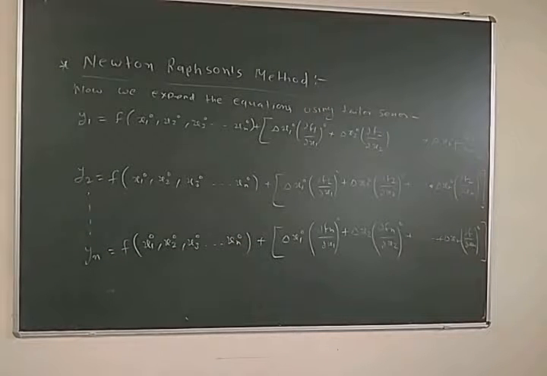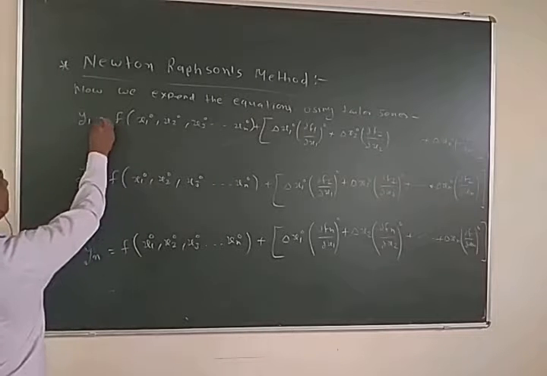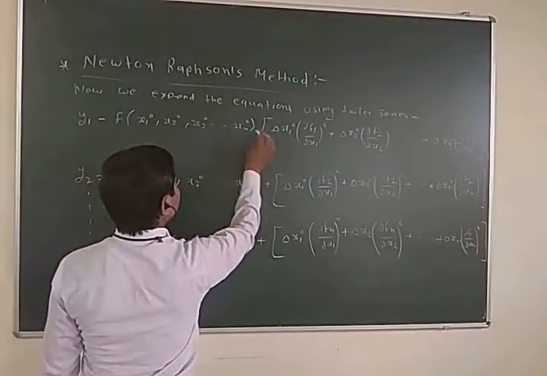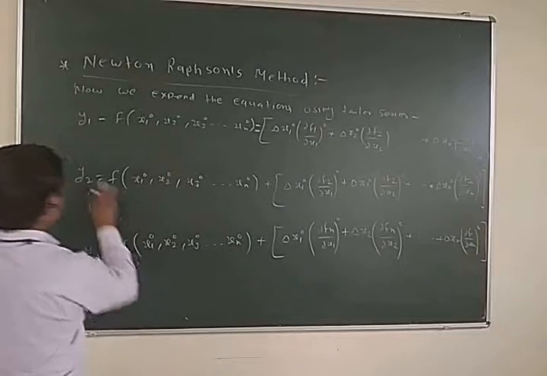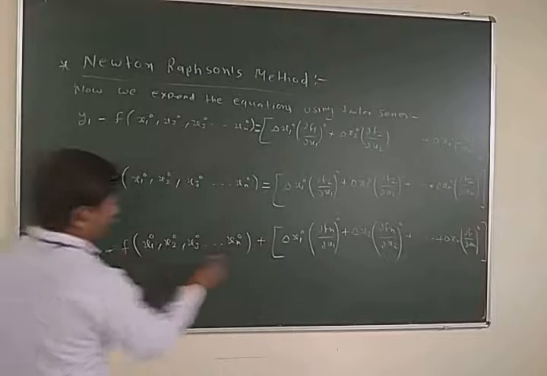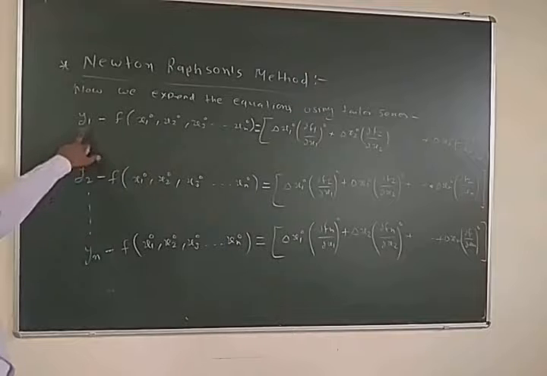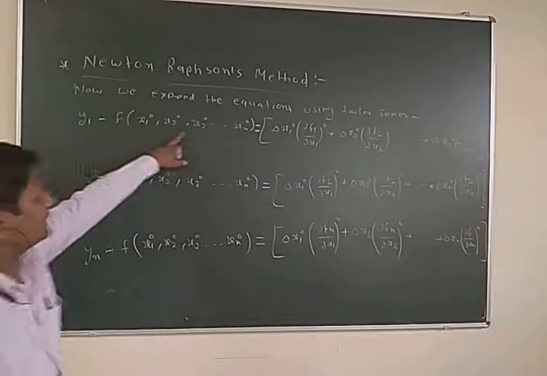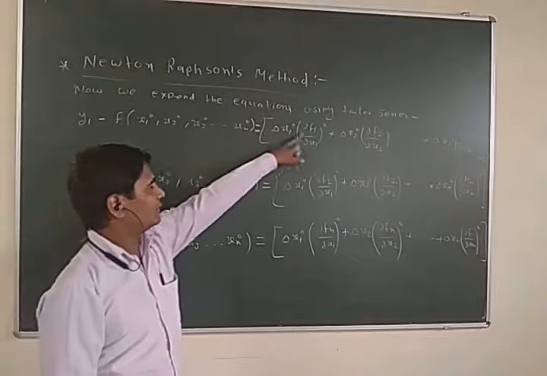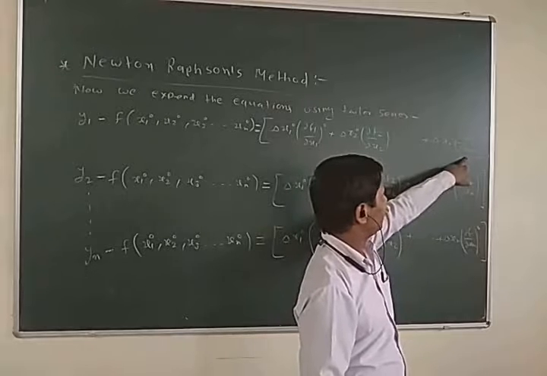In the next step, we put the function on the LHS, so these equations can also be written as y1 minus function of x1, x2, x3, xn is equal to del x1 del f1 upon del x1, del x2 del f1 upon del x2, and del xn del f1 upon del xn.